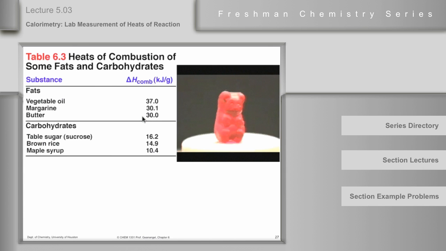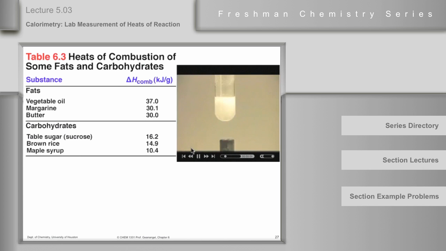We're going to drop the gummy bear into liquid potassium chlorate, very high temperature.